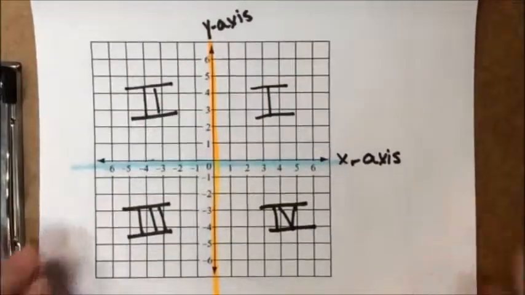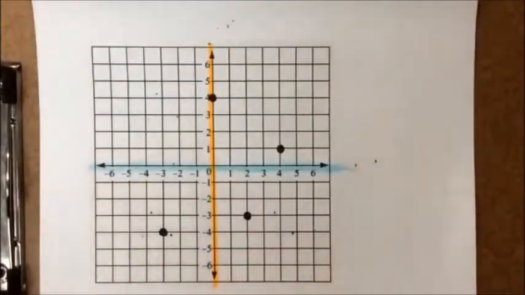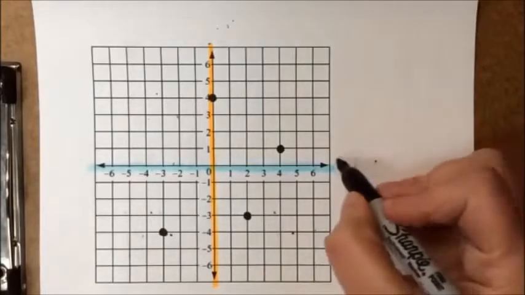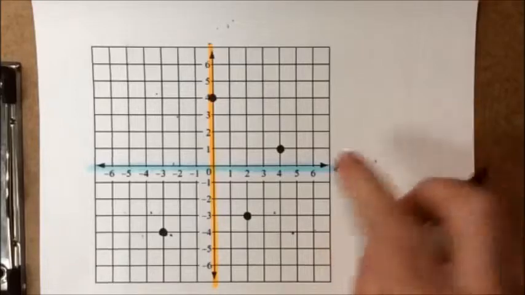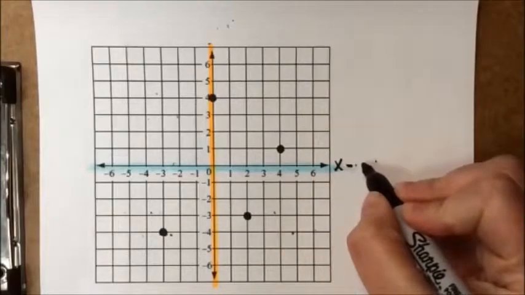Okay? Now, let's look at how we use a coordinate plane. We can identify points that are on this graph, and we can plot points on the graph. We're going to identify first. Each point has what is called a coordinate pair.